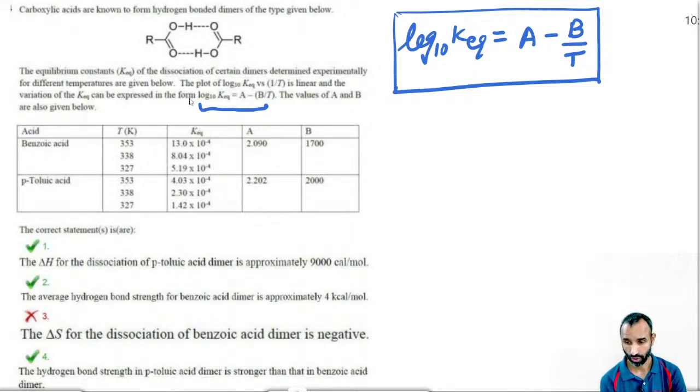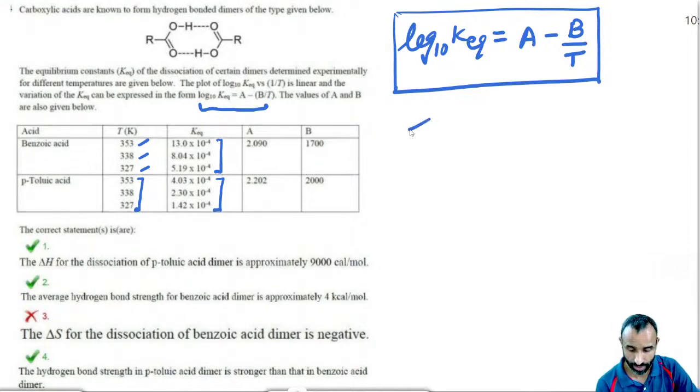Equilibrium constants of the dissociation of certain dimers determined experimentally at different temperatures are given. See, as temperature decreases, equilibrium constant also decreases. Here again, temperature decreases, equilibrium constant decreases.